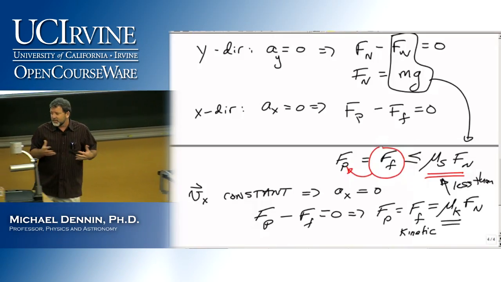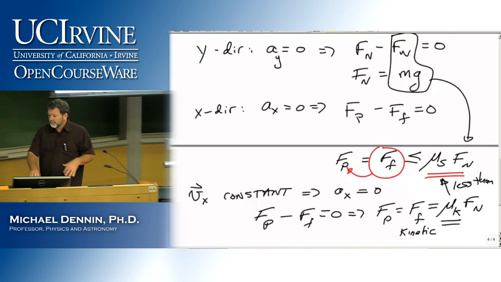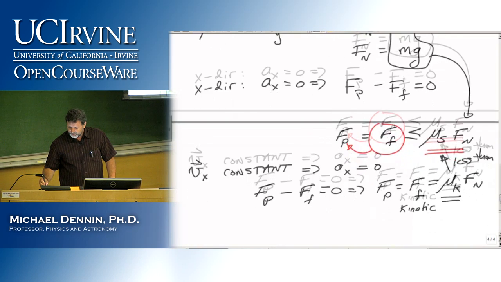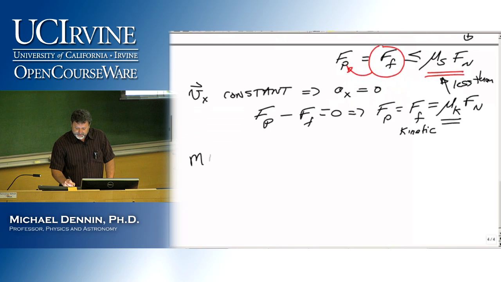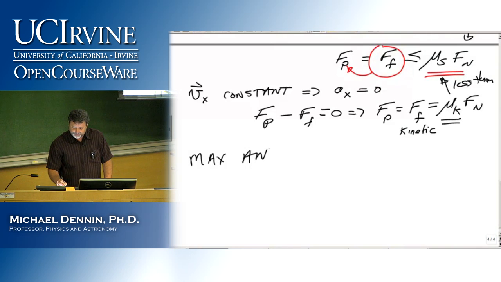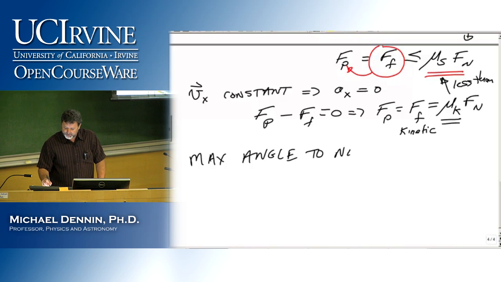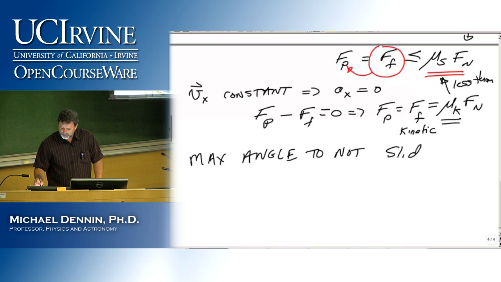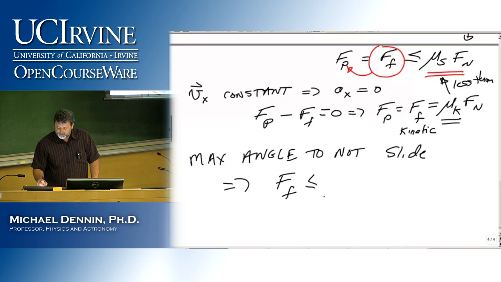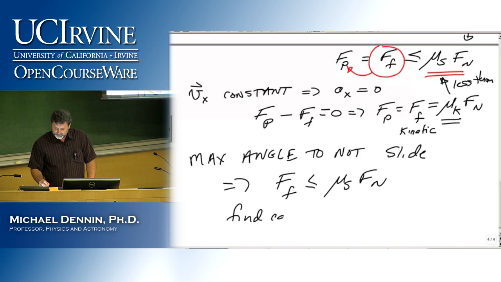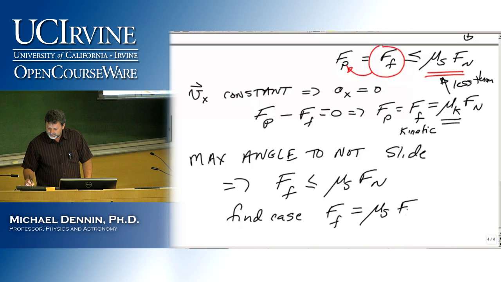In all of these cases, it's that same math problem. If we're looking for the maximum angle to not slide, what are we going to be doing? We're going to be using the fact that static friction is a changing force and find the case where the force of static friction is equal to this.